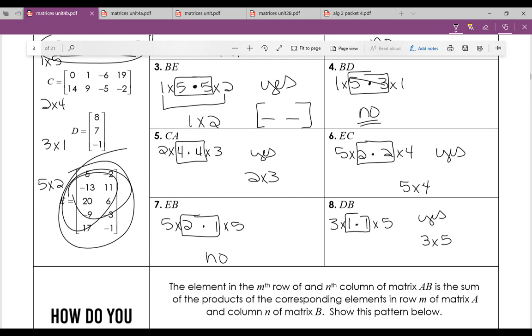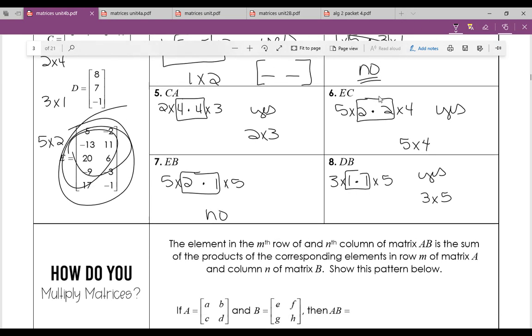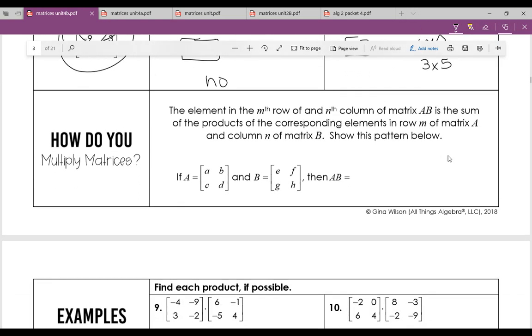Now, the process that you have to go through to multiply, this is where it gets tricky. I know that this is a 2 by 2 and this is a 2 by 2, and they're the same dimensions, and that's okay because a 2 by 2 times a 2 by 2 produces a 2 by 2. But that's not always the case.